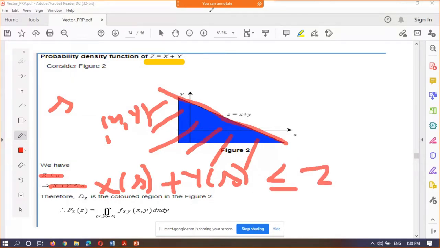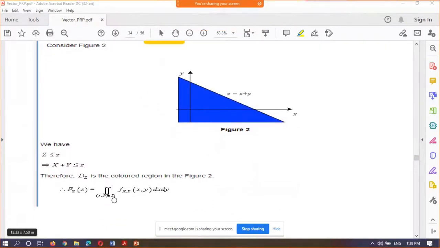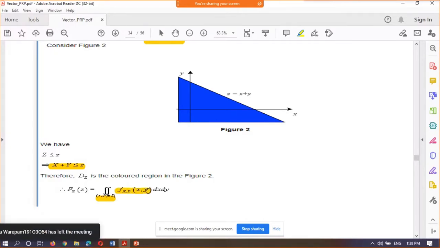We integrate over all possible values of x and y satisfying this relation for any particular value of z. Here we have the joint density function of x and y, integrating with respect to x and y, and whatever value we get is actually the cumulative distribution function of z.